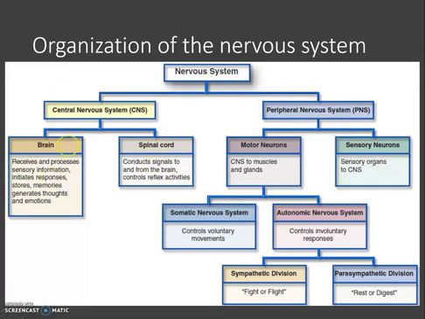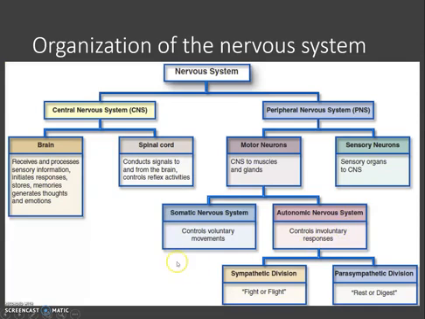And then when the brain responds, the brain sends that information through the spinal cord through motor neurons. And these motor neurons are either going to activate our somatic nervous system, which is our voluntarily controlled skeletal muscle, or the autonomic nervous system, which is the involuntary response of cardiac muscle, smooth muscle, or glands.